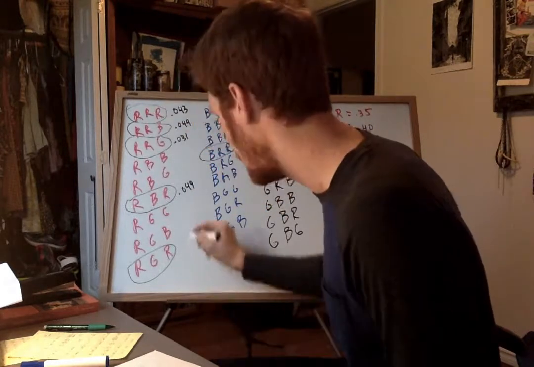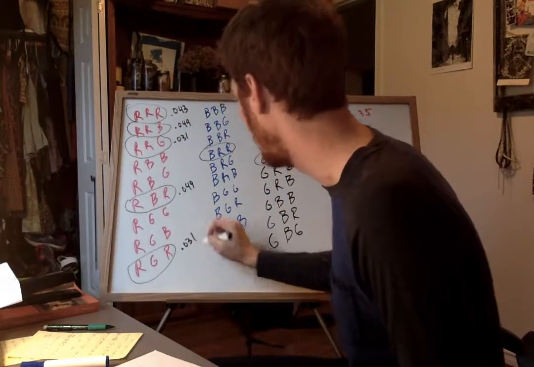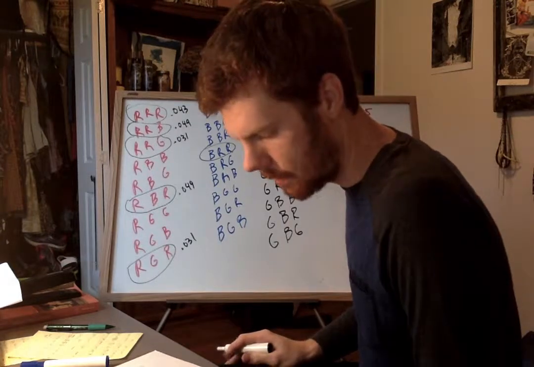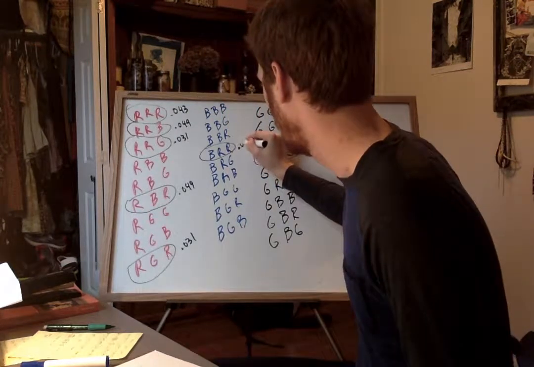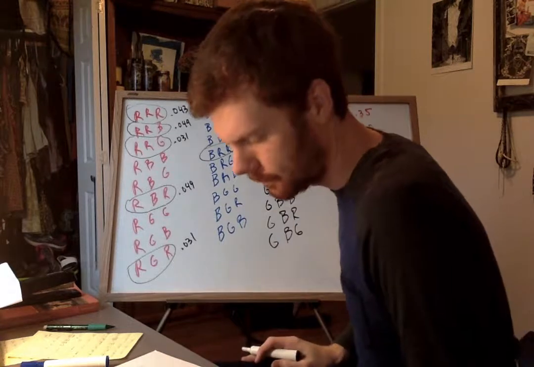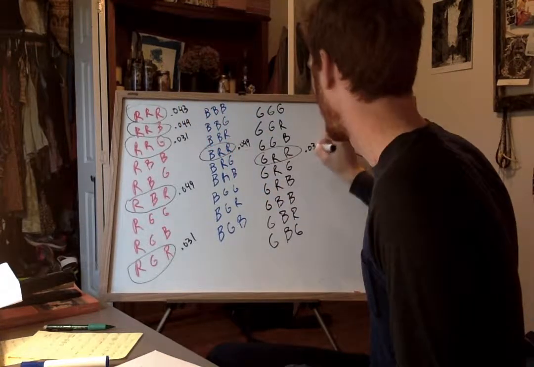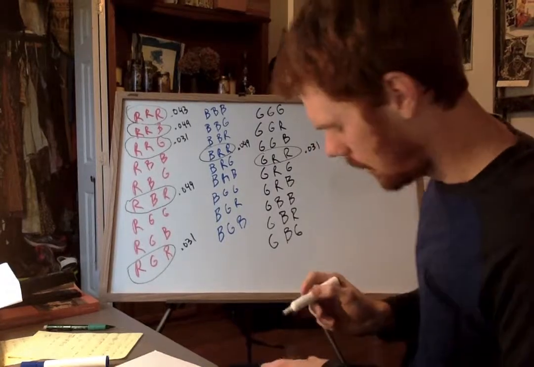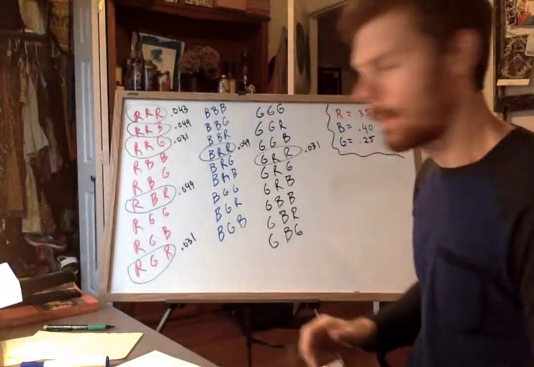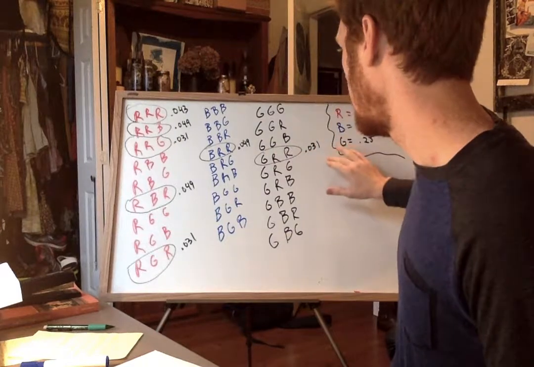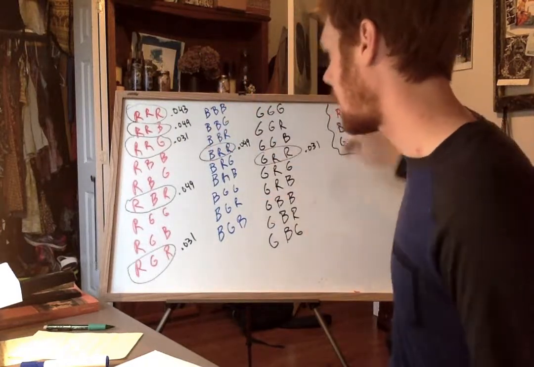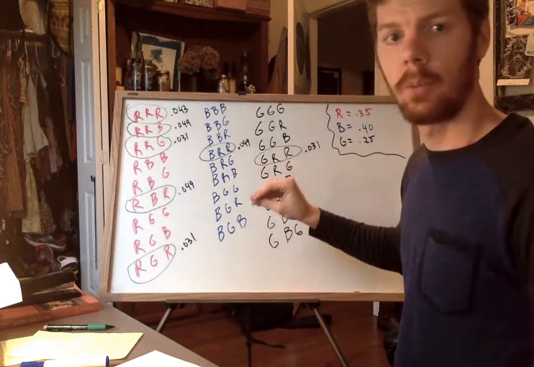Red, green, red is 0.031. Blue, red, red is 0.049. And green, red, red is 0.031.